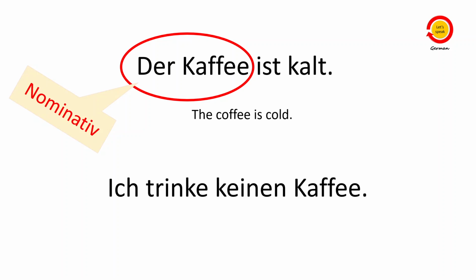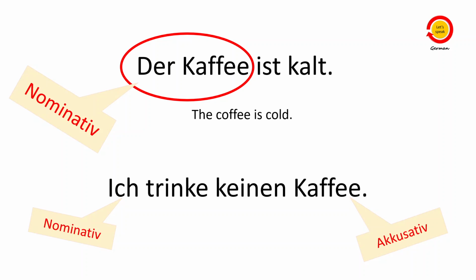The word that answers this question is supposed to be the nominative noun. Unlike in the previous sentence, here the coffee has become an object in the sentence since the action of drinking is acted upon it. Hence it is the accusative noun, and ich is the subject here.